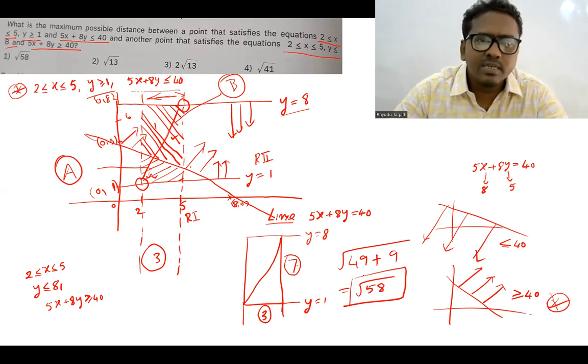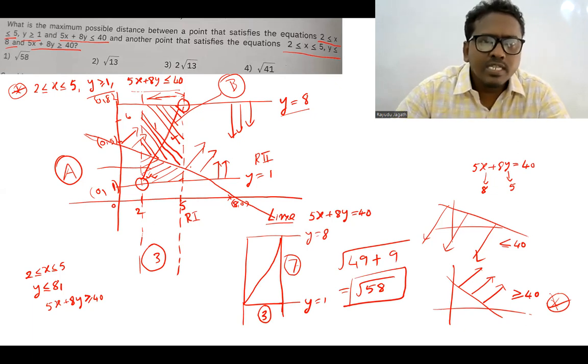Each point satisfies particular conditions. The first point should satisfy 2 less than or equal to x less than or equal to 5, y greater than or equal to 1, and 5x plus 8y less than or equal to 40. So every point in region A satisfies the conditions. Next, 2 less than or equal to x less than or equal to 5, y less than or equal to 8, and 5x plus 8y greater than or equal to 40.